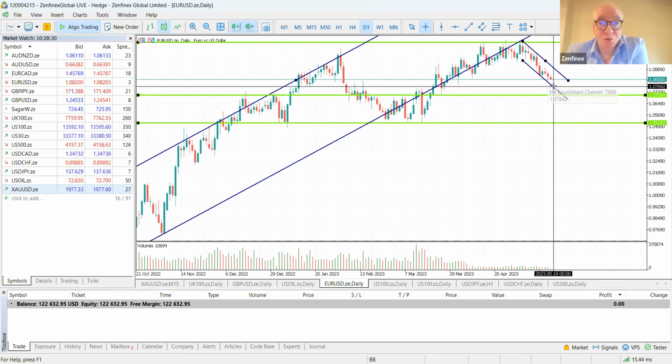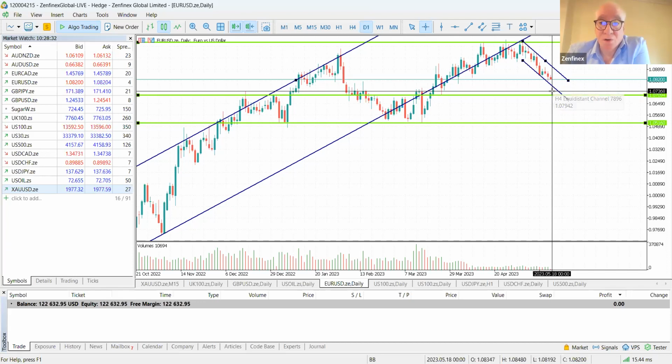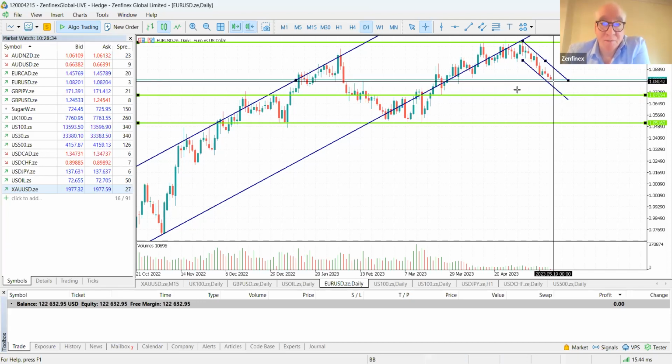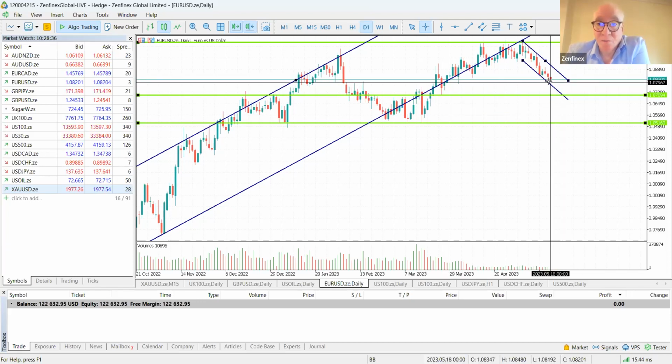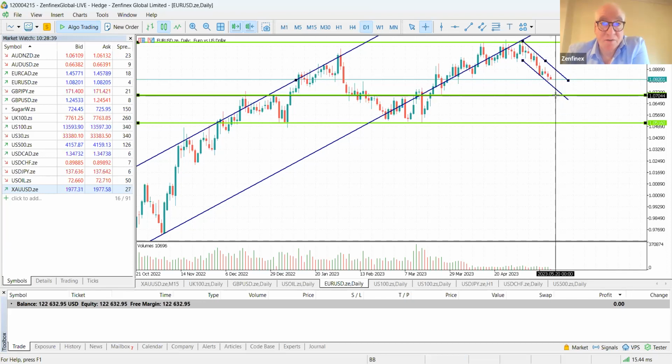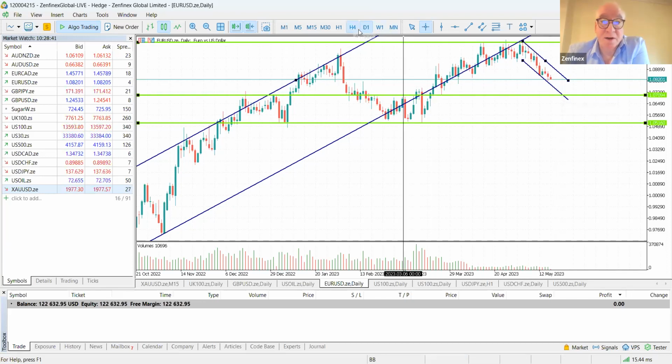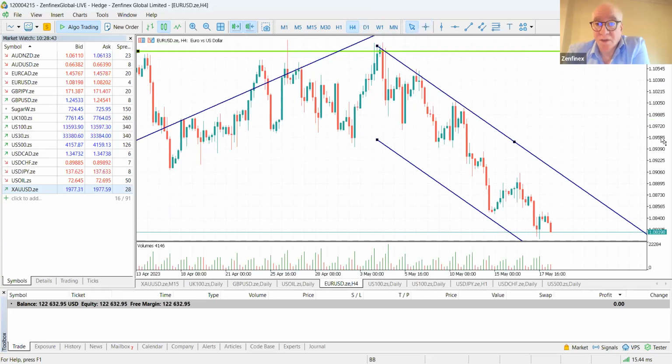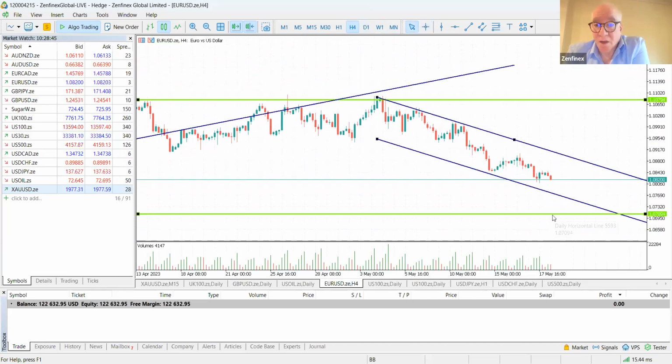So if we want to take a short position, we have to start looking at where we would want to get in. We have an area here where it could be a target from a daily perspective. We go down to a 4-hourly, we can see that same level as a possible target. It looks very similar to gold, doesn't it, if we think about it?